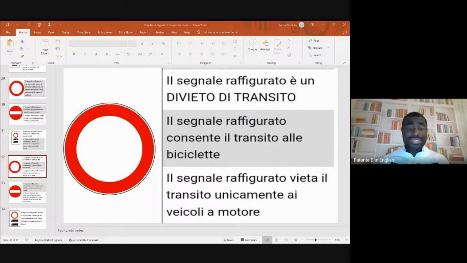No, whether it is of engine or no engine, they are all forbidden. So unicamente means only, not only veicoli a motore, vehicles with an engine. So the first one is true, the second one is false, and the third one is also false.